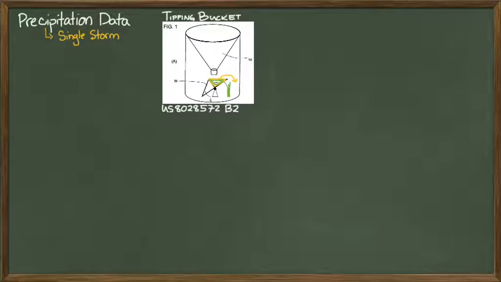It's not really green, but I just drew it in that way. And every time it tips back and forth, tip, tip, tip, like this, it records, and so the faster it's going, it starts recording more intense data. So in a given storm, a rain gauge like this one will record the time, and it'll record the intensity based off of how the measurements are calibrated.